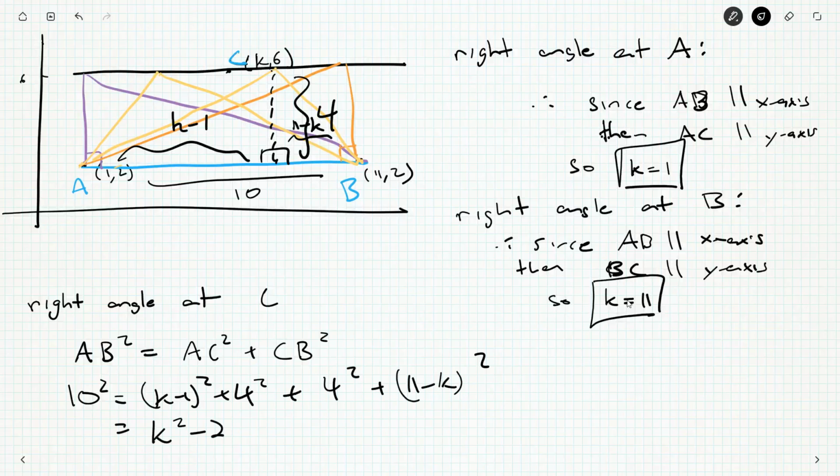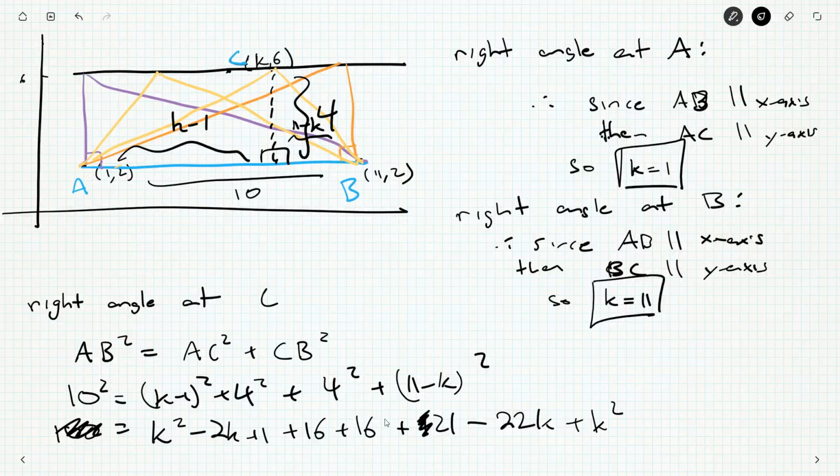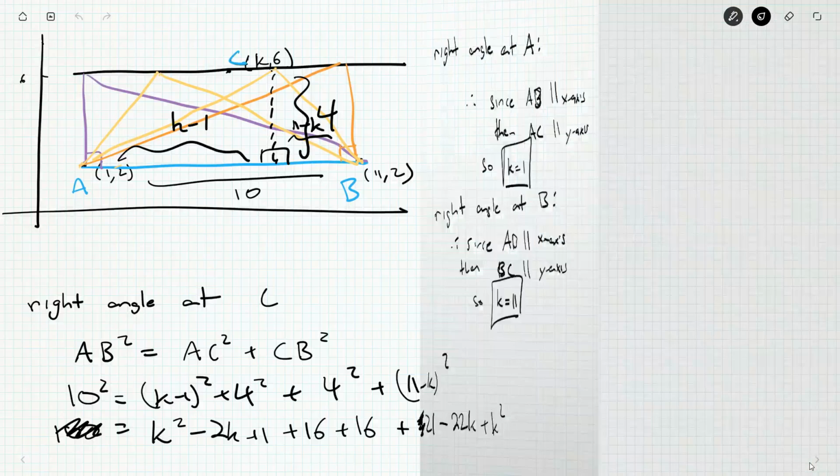And we can expand that out, and we can start collecting things. This is 100, so we can bring the 100 over to the other side, drop this down to a 21. We'll get 2k squared. 21 plus 1 is 22, plus 32 is 54. So we'll get 0 is 2k squared minus 24k plus 54.